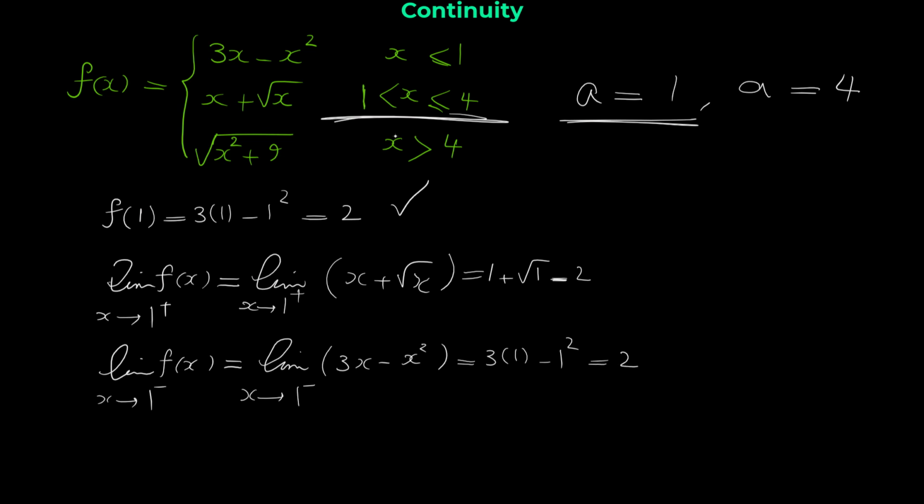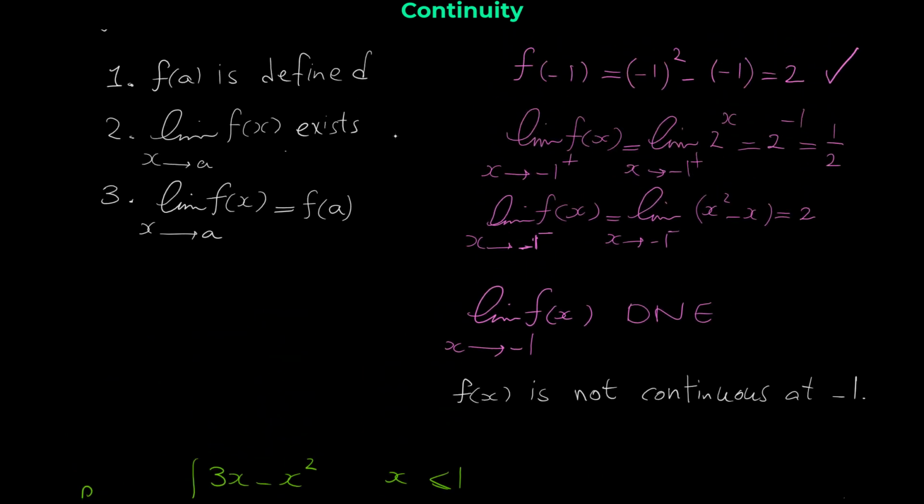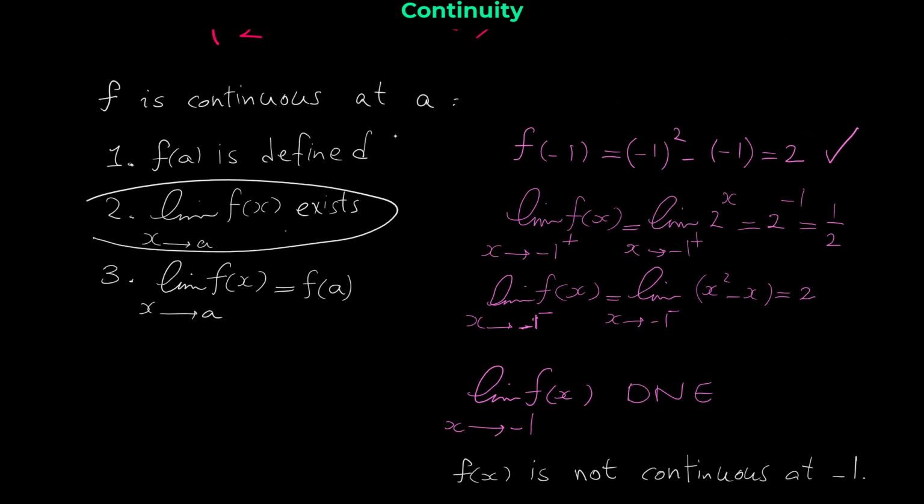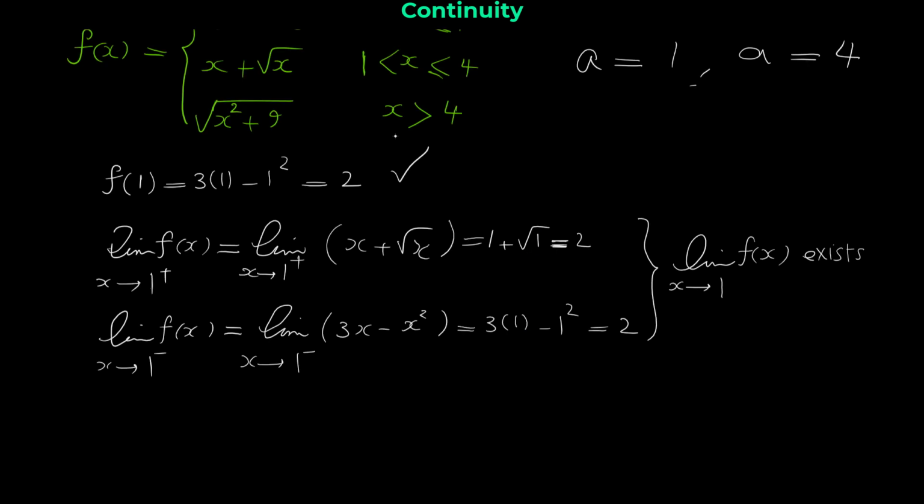So as you can see, both of these limits are equal to each other, and they are 2. So from this, immediately we can conclude that the limit of f of x when x approaches 1 exists. The second condition of continuity is that the limit should exist. So the second condition is also satisfied by this function.